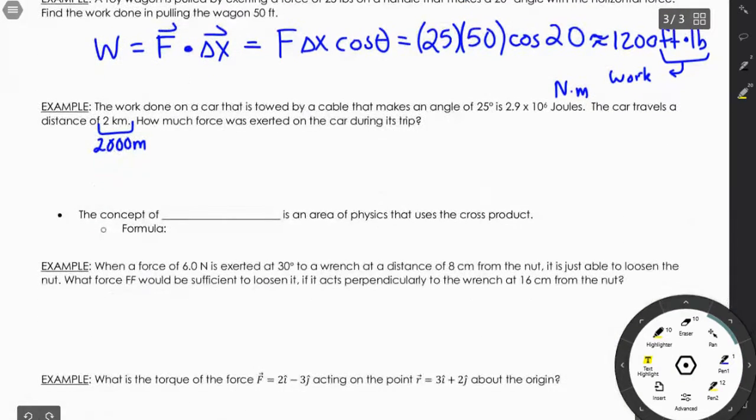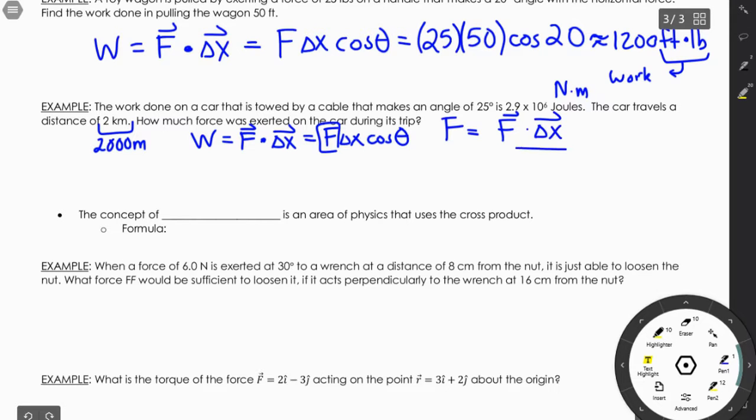And so now we're going to use our work formula, right? Work is the dot product of force and displacement, okay? Or F delta X cosine theta, right? And so if I solve this now, I'm given the work, and this is the one thing I'm looking for. So F equals F dot delta X, which is our work, over delta X cosine theta, right?